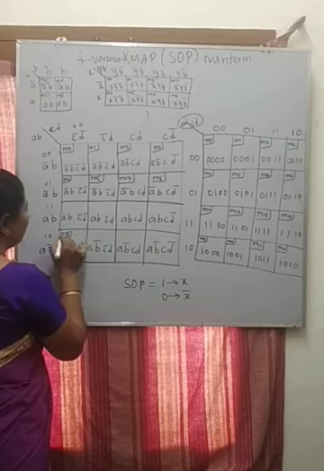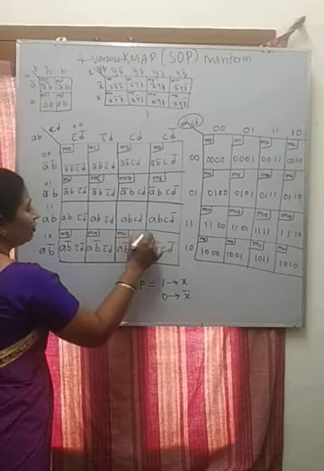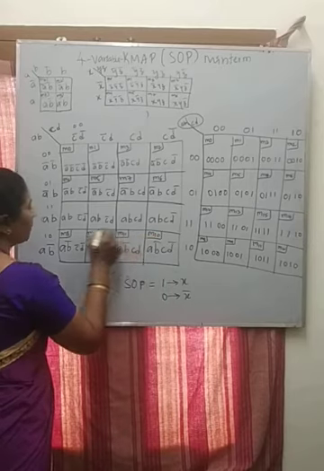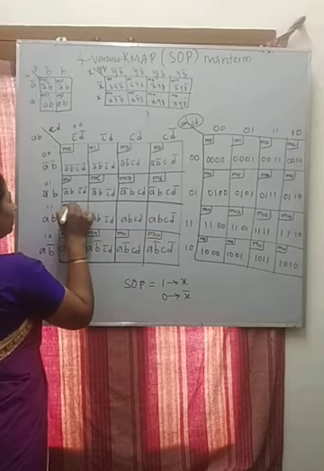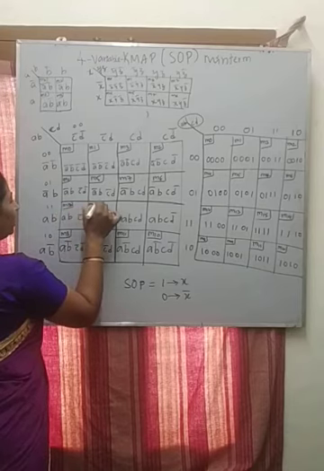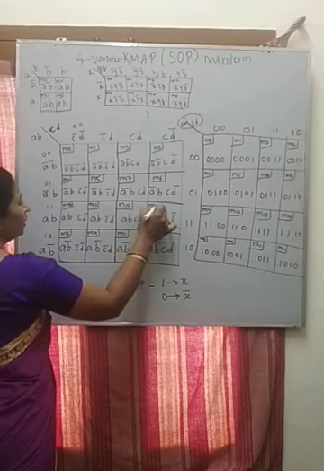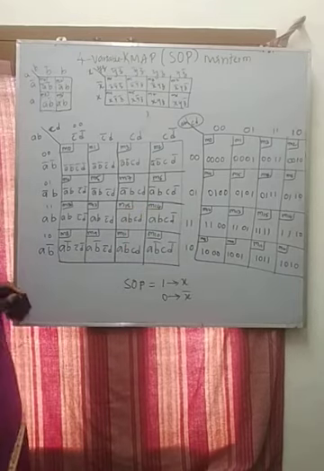Here it is M8, M9, M11. 11 first, then 10 next. M12, M13, M15, M14.